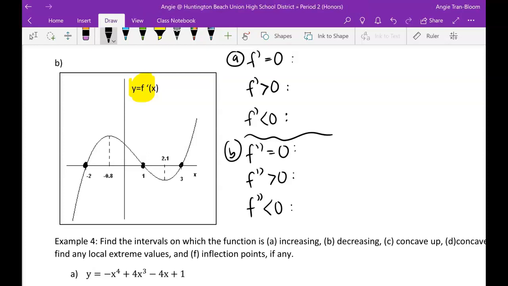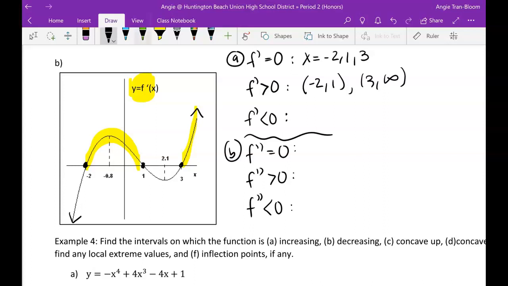So there are 3 places that f prime is 0. X is -2, 1, and 3. Beautiful. Easy peasy. When is it positive? It's positive when it's above the x-axis, and so is that one. Let's agree that this goes on. So it's going to be positive from -2 to 1 and 3 to infinity.